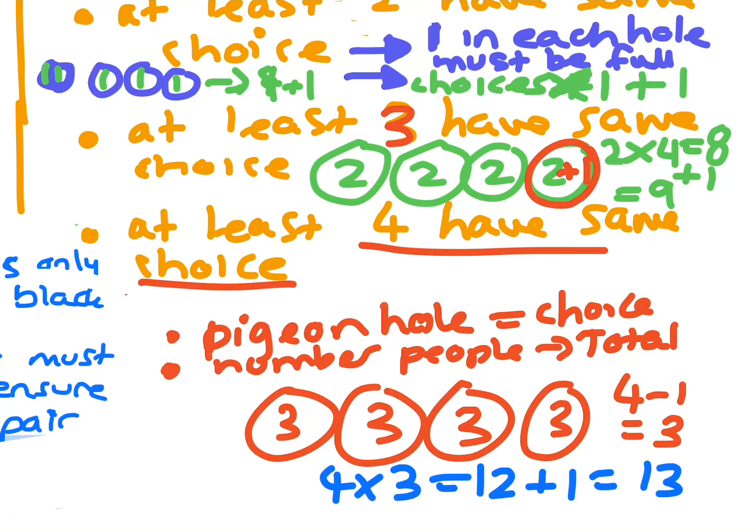So once I've picked 13 people or 13 items out, I can be assured that that extra person, I could choose 14 or I could choose 15. But I know that after 13, that's the smallest amount when I am absolutely certain that there will be 1 pigeonhole or 1 group of people that 4 of them would have the same choices. So it's just a matter of sharing.